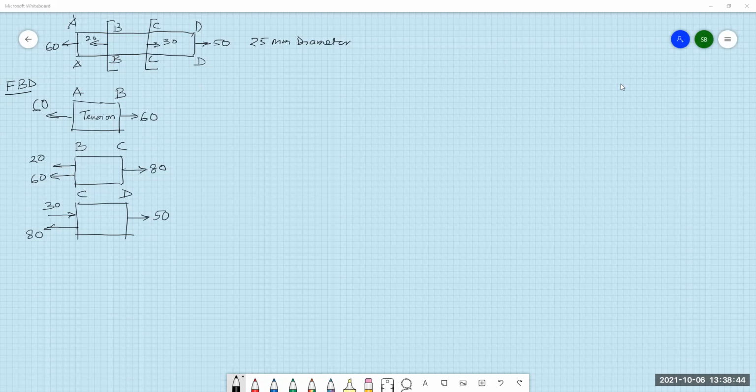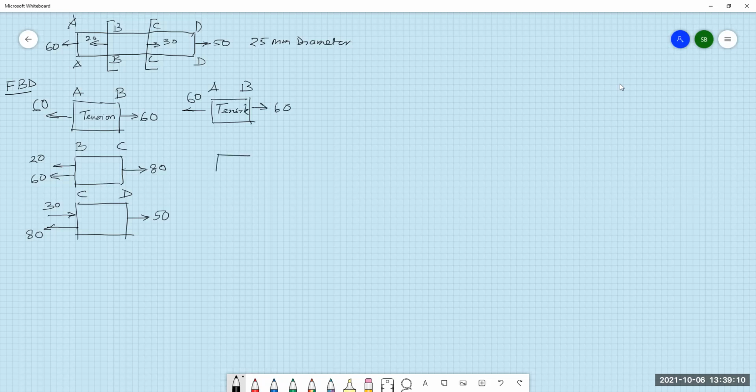Now, the loading of the bar becomes like this. A to B is carrying tensile load 60 to 60.